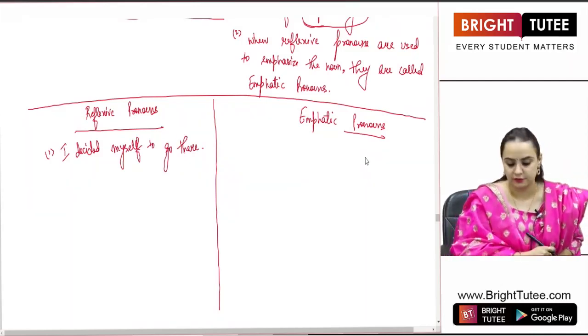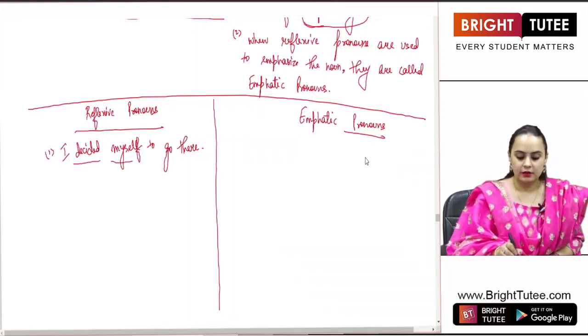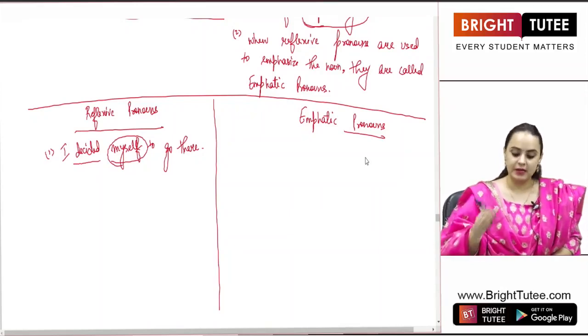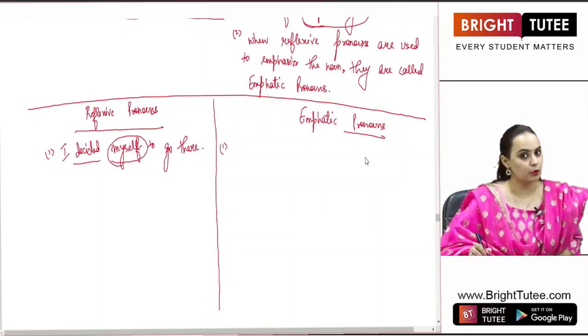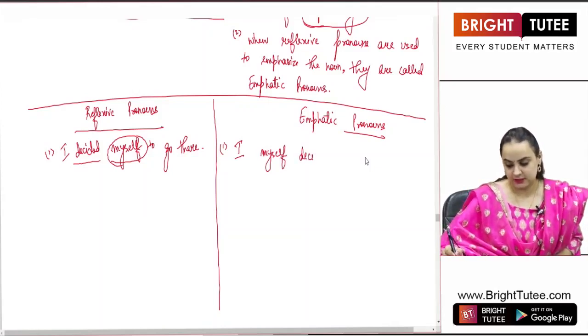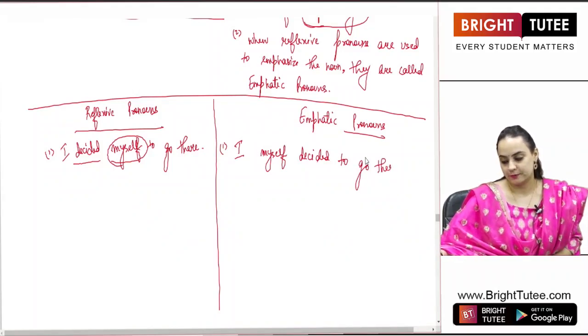This is a reflexive pronoun because the pronoun is used after the verb. Now, if we have to make this an emphatic pronoun, what do I do? I use the pronoun immediately after the subject. So, it becomes I myself decided to go there.